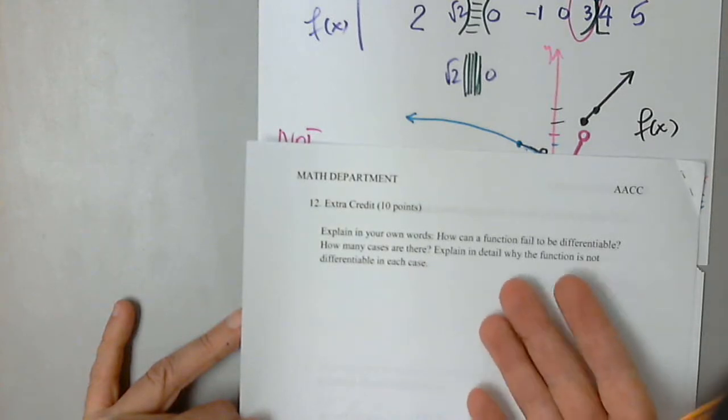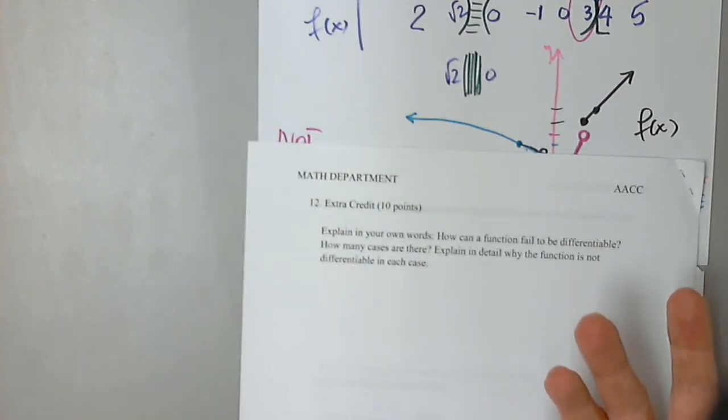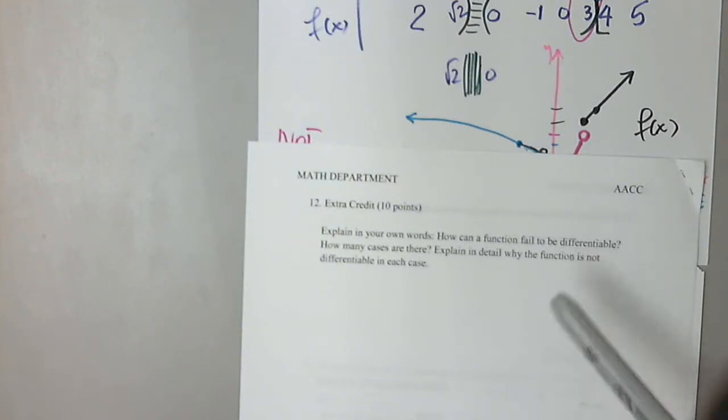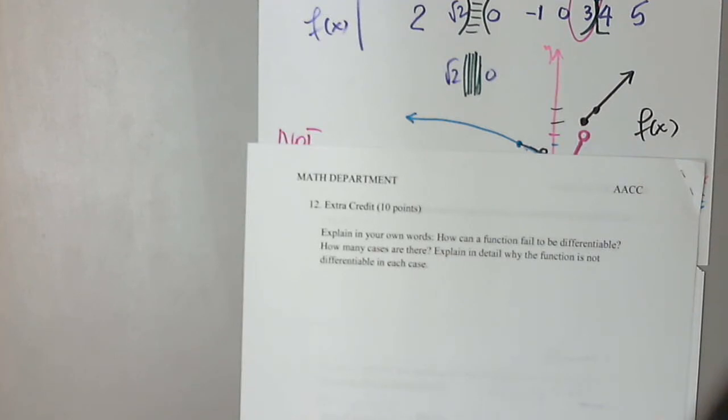In detail, I would write that the function is differentiable if it has a unique tangent. That's why a cusp, corner, and discontinuity don't have the same tangent. But in the case of the vertical tangent, the derivative is a limit, right? The derivative equals the limit of the difference quotient, so the limit cannot be infinity or negative infinity. And that's what happens in a vertical tangent situation.